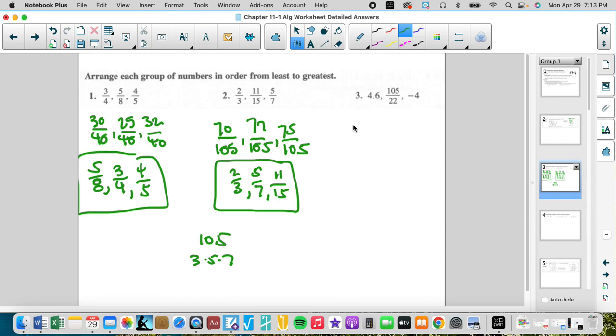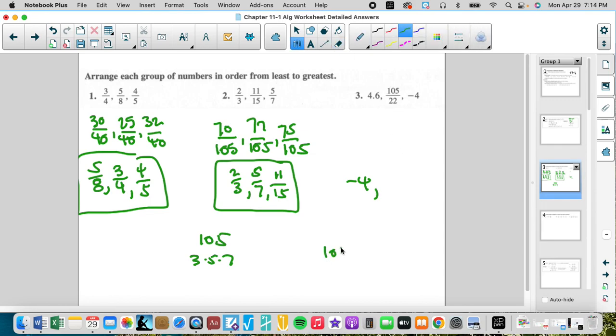4.6 is going to be, well, we can do 46 over 10 just to make it easy. Or we can turn them into decimals, but that's interesting. So 22, do I really want 22? I know -4 is going to be my smallest. So 22, we can just think about 105 and 22.